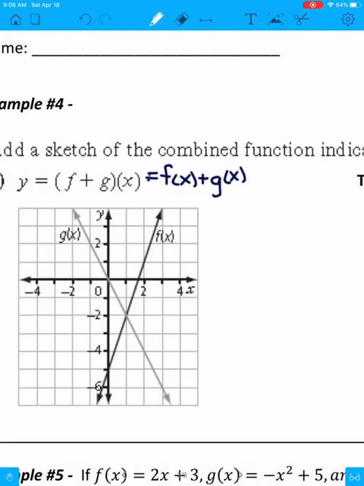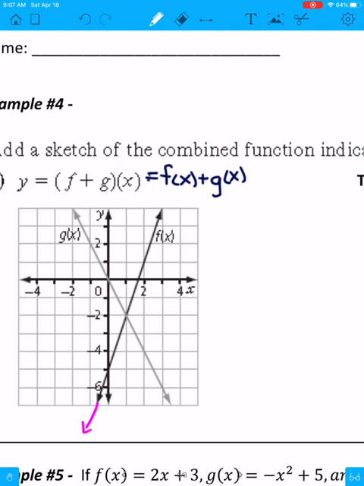Okay. How are we going to find the new graph? Well, we've learned how to find points on the new graph by just plugging in the same x value, right? So we can do that. If I plugged in -1 for my x's, I would be in trouble because f of -1 is down here off the graph. So I can't use -1.